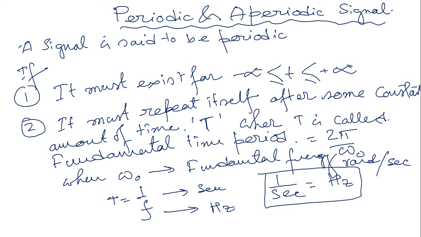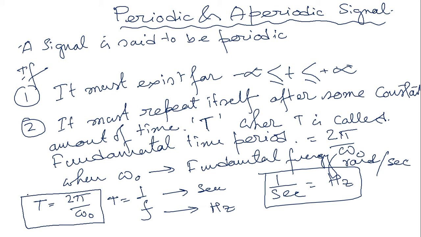So the unit of f is hertz, and the main formula of this periodicity is T equals 2 pi by omega naught. Here T is the fundamental time period and omega naught is the fundamental frequency.